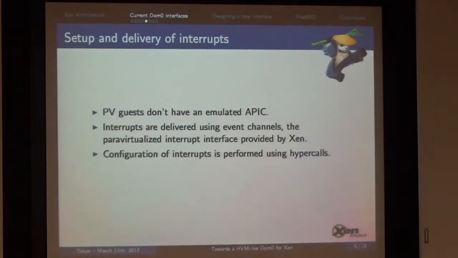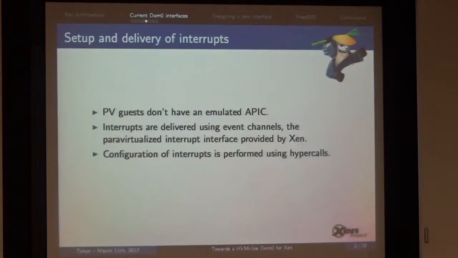And also the configuration of interrupts is performed using hypercalls, which means that we need to modify the MSI and the MSI-X code and the legacy PCI code in order to use hypercalls to configure interrupts from physical devices.